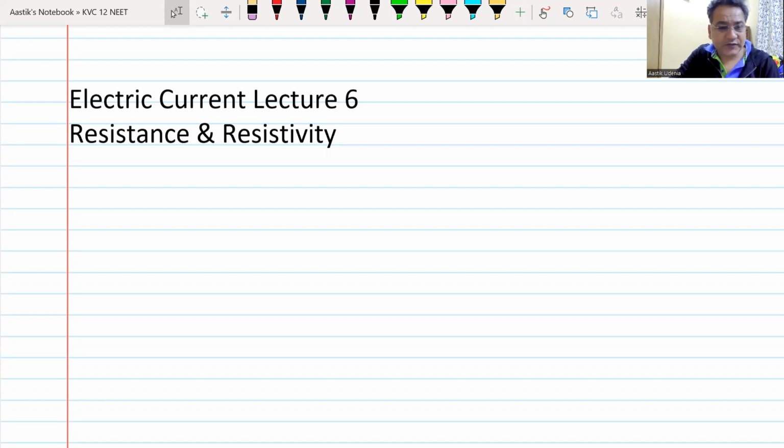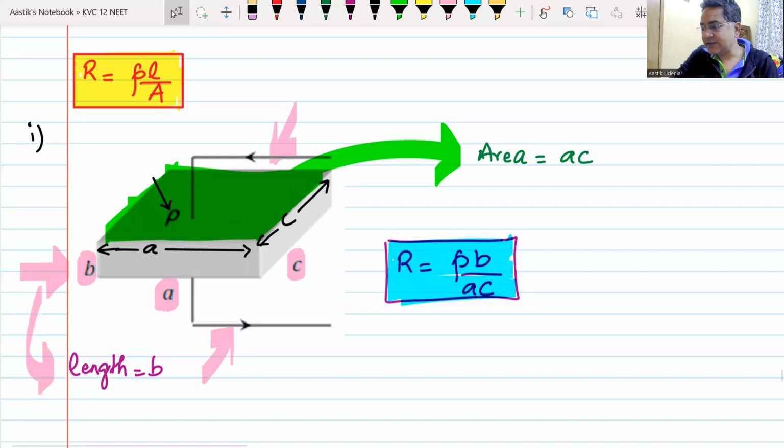In the previous class, what did we do? Anyone remembers? We were looking at finding out the resistance, and we had seen that resistance depends on how we have connected the body in different ways.